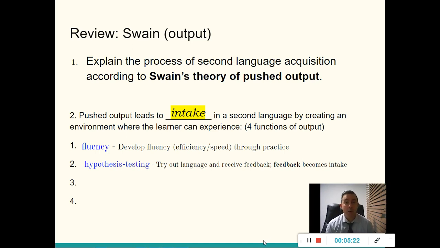And sometimes our hypothesis as a language learner is correct. Maybe I say this in this situation, whatever that is. The example I often used was in a taxi in Korea, right? 좌회전? 우회전? 오른쪽? You're trying different things to see what works.